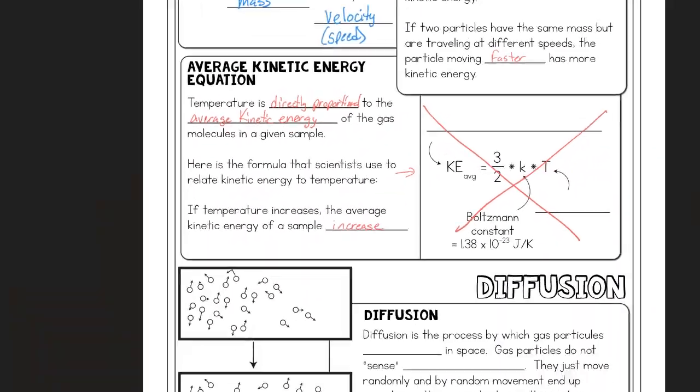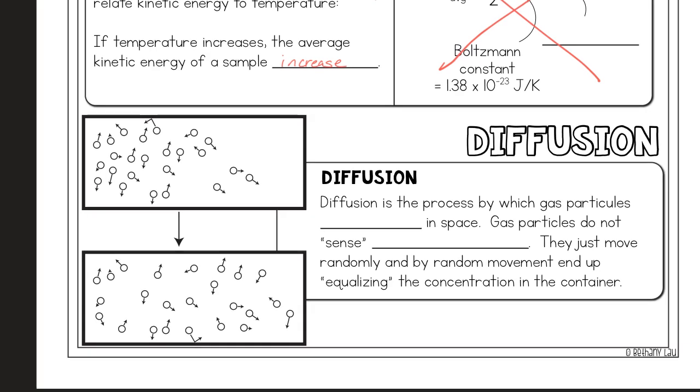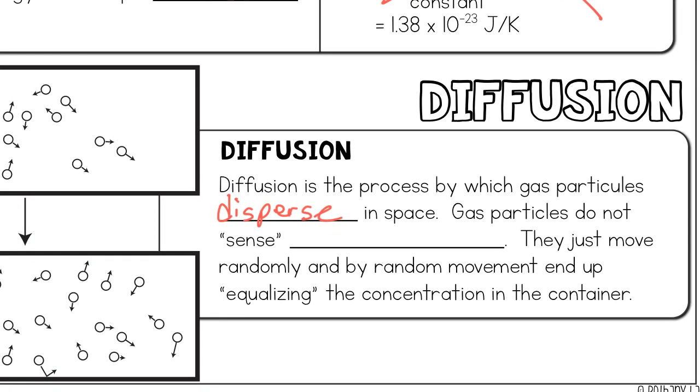One last thing to talk about, and that's actually a repeat from what you had in biology. Diffusion is the process by which gas particles disperse or spread out in space. Gas particles do not sense concentration differences.